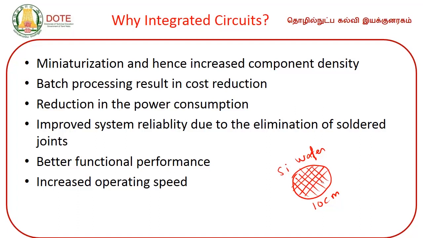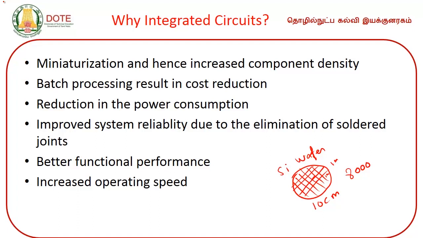Like this, each square is 1 millimeter by 1 millimeter, that is 1 millimeter square area. Like this, 8000 squares can be made on the 10 centimeter dia wafer, right. So, each square is a chip, one circuit. In a batch, around 80,000 chips can be fabricated, right.